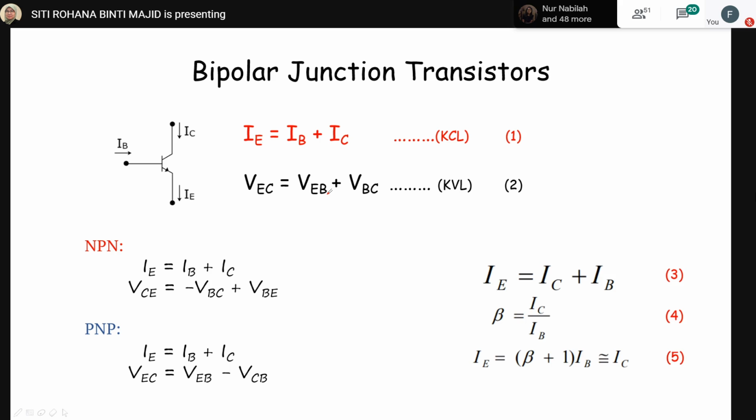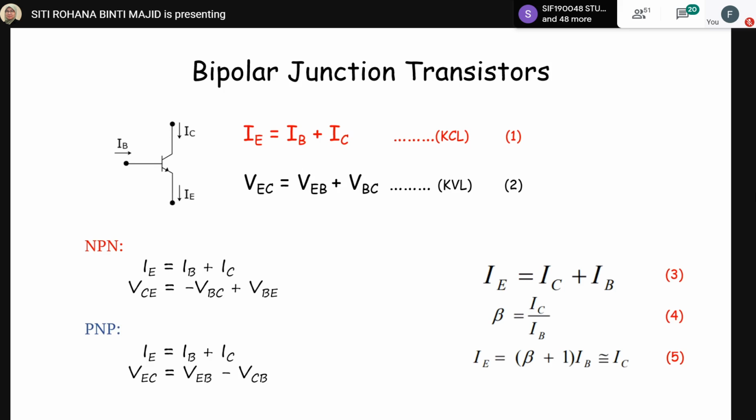So up to now, for the mathematical part of the BJT, the first one is IE equals IC plus IB, and the current gain beta we can calculate from IC over IB. From this equation we can do some derivation to get alpha, and then IE equals beta plus 1 times IB, which is equivalent to IC.